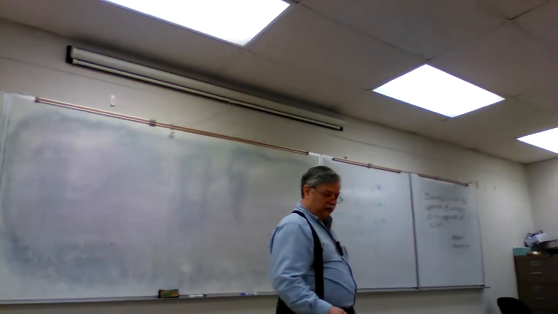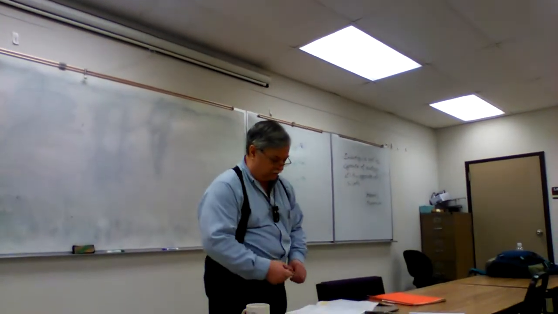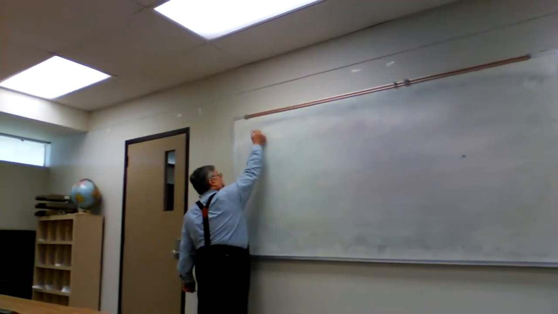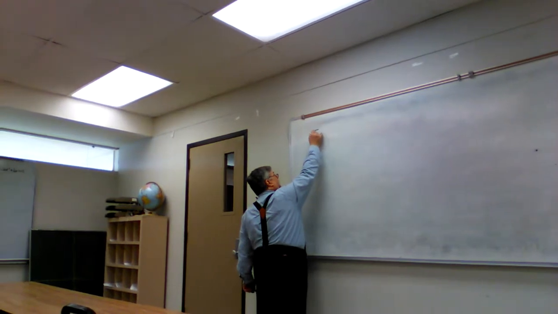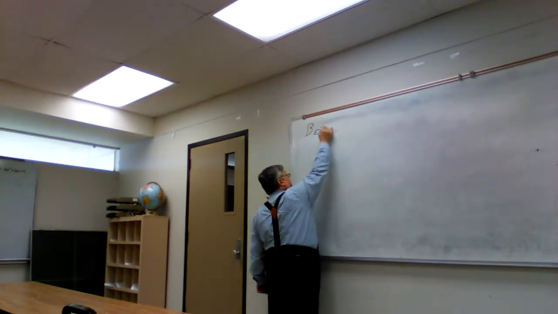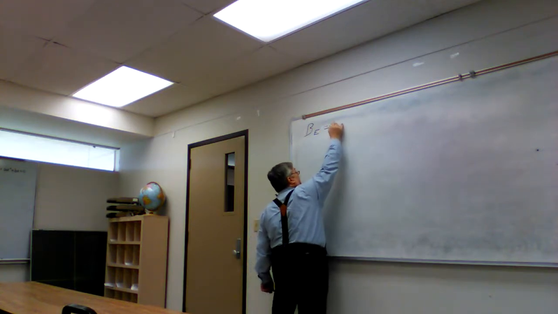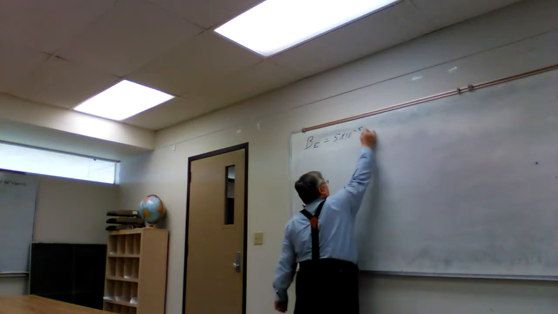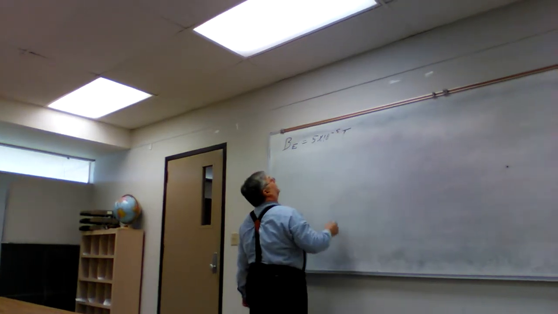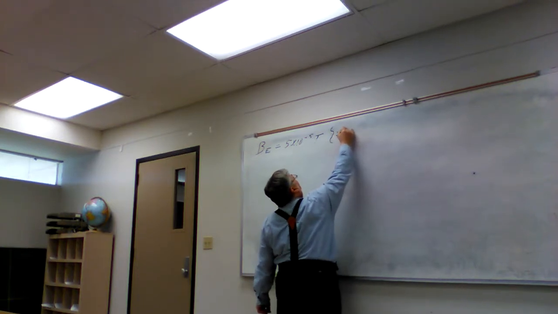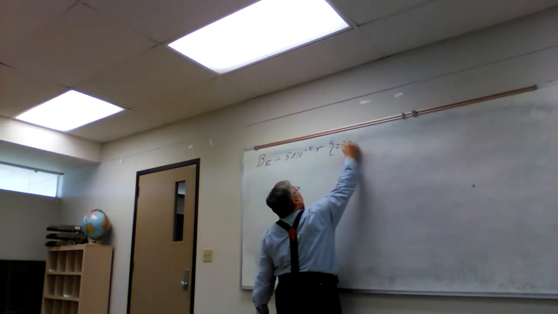Okay, what are we looking at? 26, electric wire. First of all, what is the magnitude of the Earth's magnetic field? Generally speaking, the B field, the magnetic field of the Earth is going to be about 5 times 10 to the minus 5 Tesla, which is about half a Gauss.